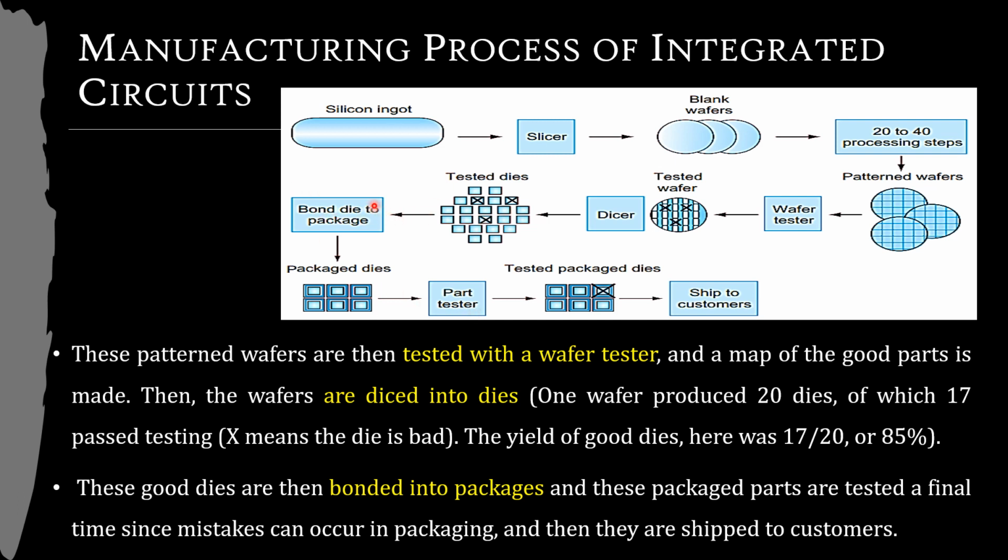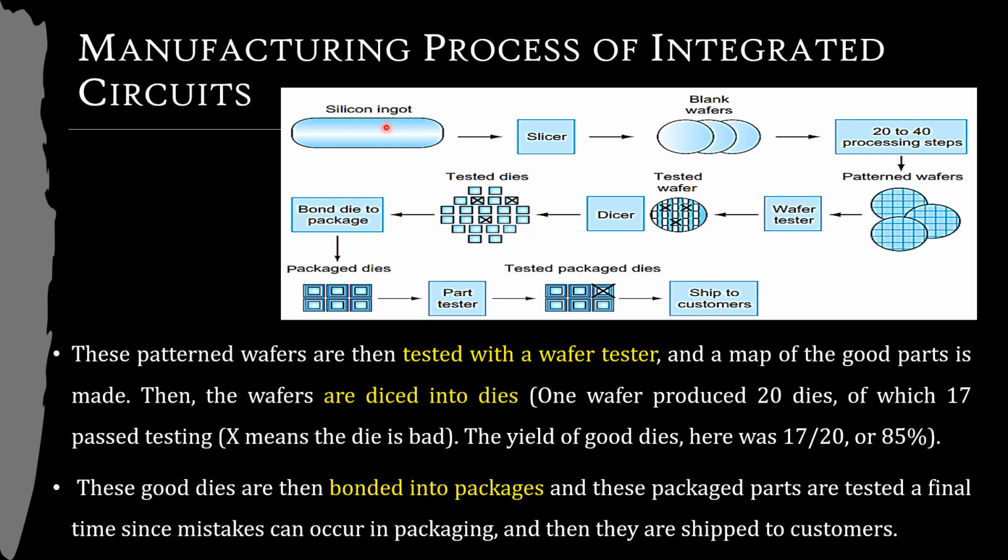When testing, we may find some bad dies, which will be removed; only the good ones will be shipped to customers. So this is the manufacturing process of an integrated circuit.